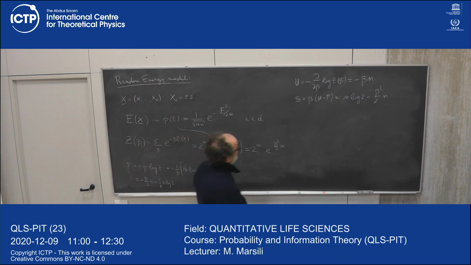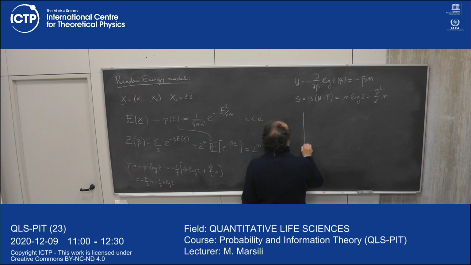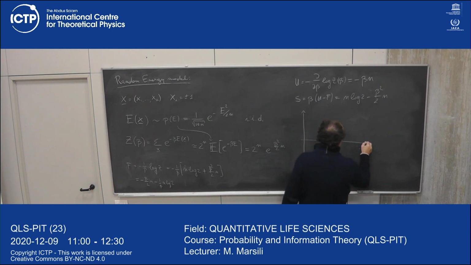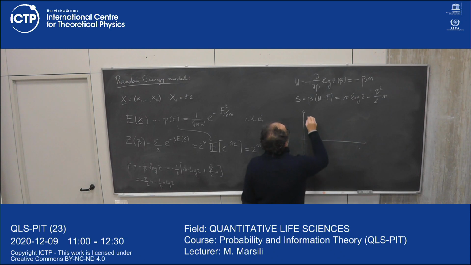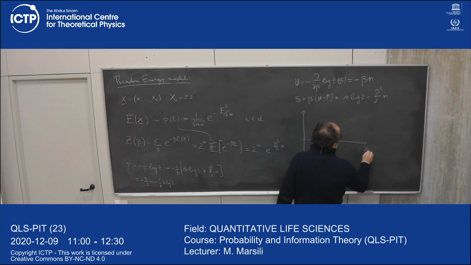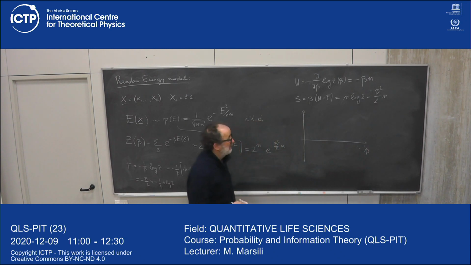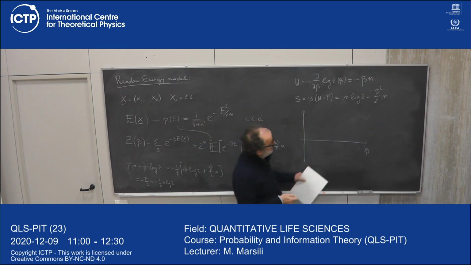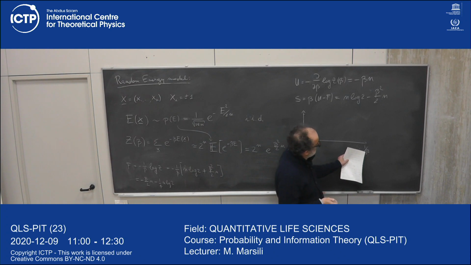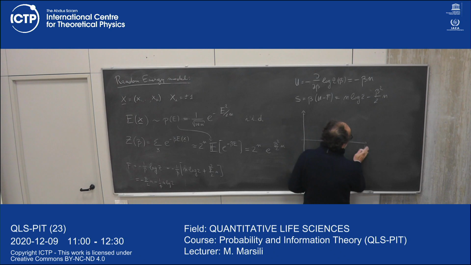Now, if you look at this solution, what you find is that if you plot the entropy as a function of temperature, 1 over beta, let's plot it as a function of beta.